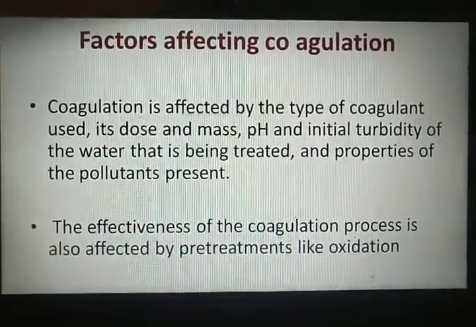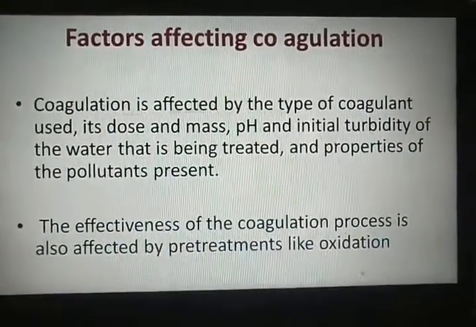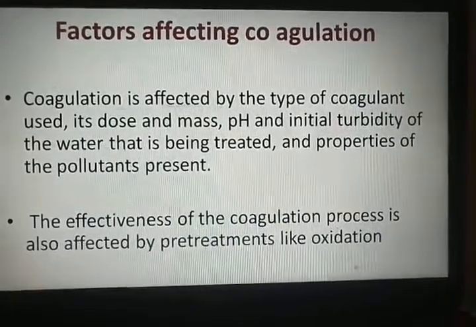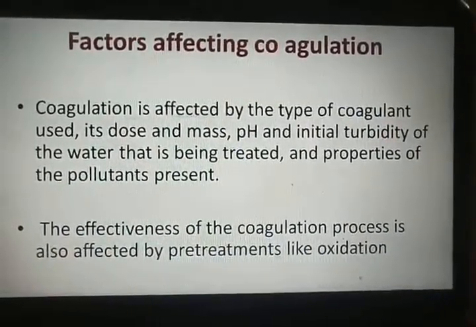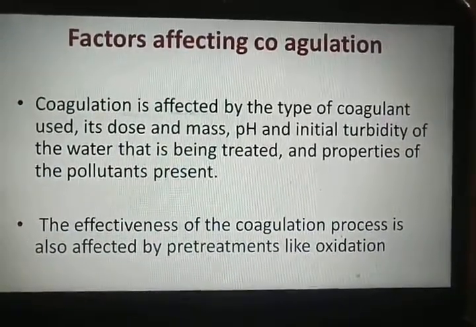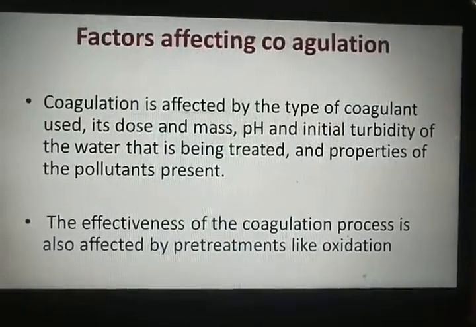And what are the factors affecting coagulation? Okay, so the important factors which affect the coagulation process are the dosage and quantity of coagulants, the pH of the water which is being treated, and the properties of the pollutants present.